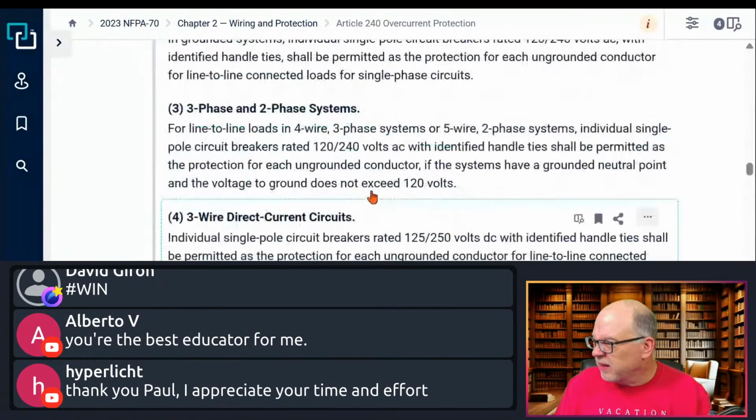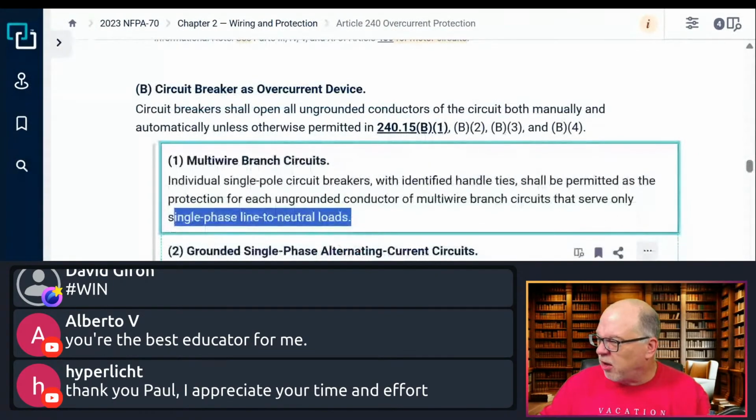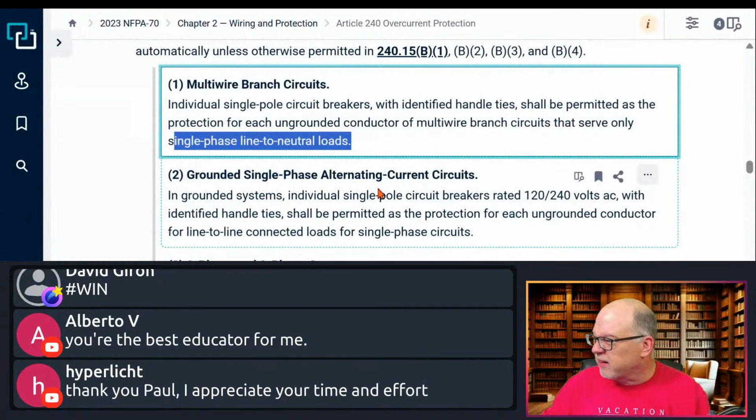All right, and so grounded single-phase alternating current circuits.